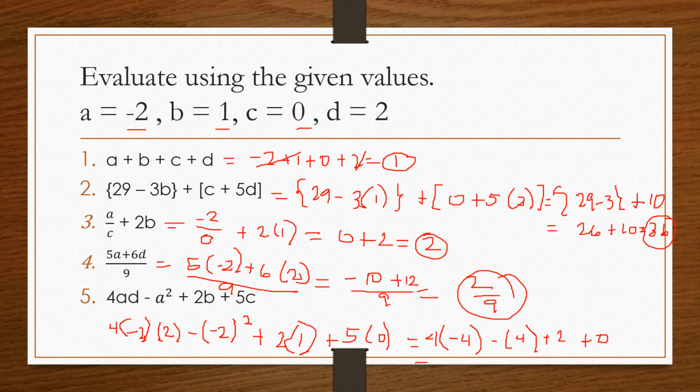No? So 4 times negative 4 is negative 16, minus 4 plus 2. So we have negative 16 plus negative 4 is negative 20, plus 2. So the final answer is negative 18.